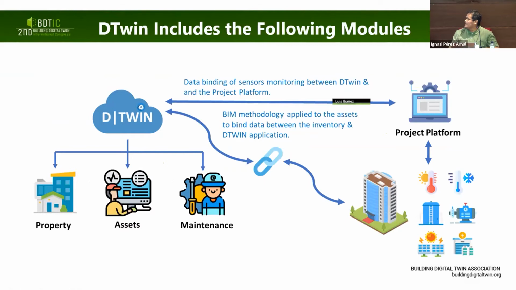In this picture you can see that we have our digital twin related to the property, the property contains assets, and the assets are linked to the maintenance, which is the management side. On the other side, it is integrated with the sensors, the sensor operations, connected with the IoT technologies.